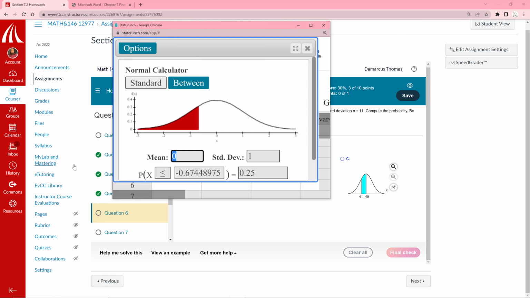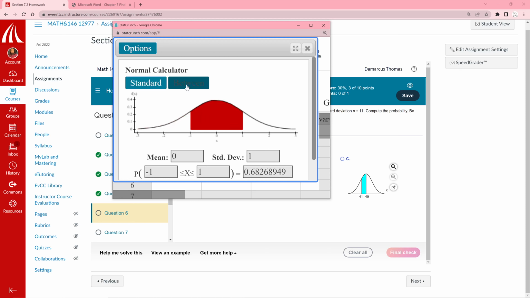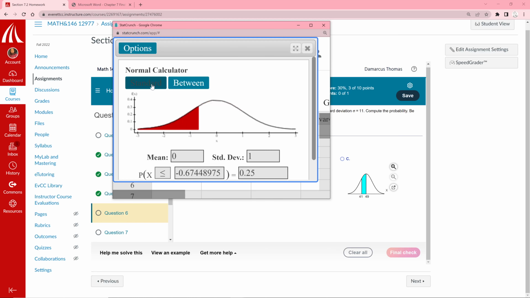You would put in what the mean was, what the deviation was, and then put in the value. If it's between, you click between. But it was actually like 41 and greater. So we were here.